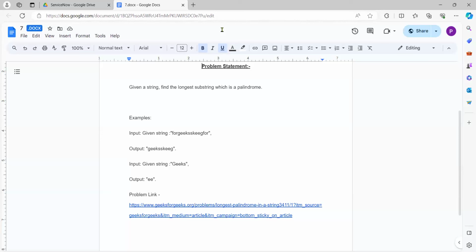So we have like GEEKS, SKEEG, together forming a palindrome. Similarly, EE is also a palindrome. So how will you find the longest substring which is a palindrome?